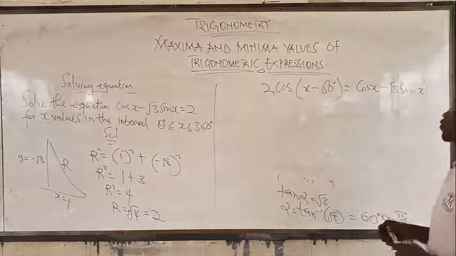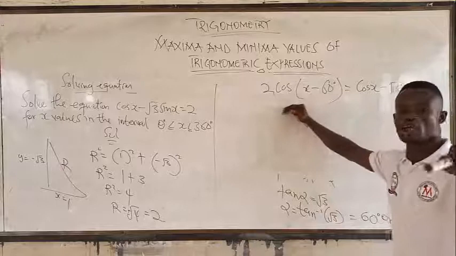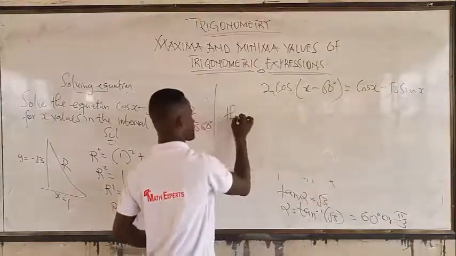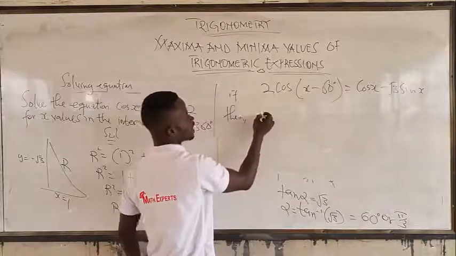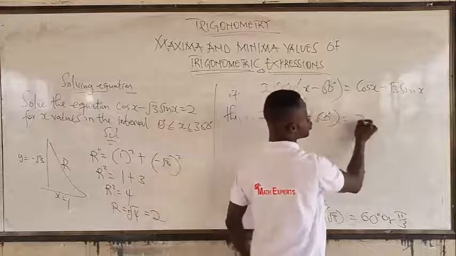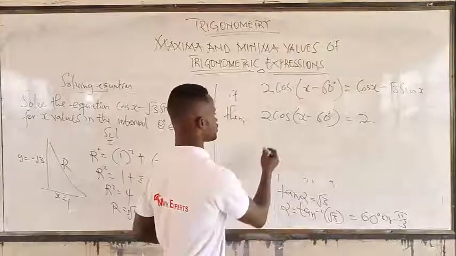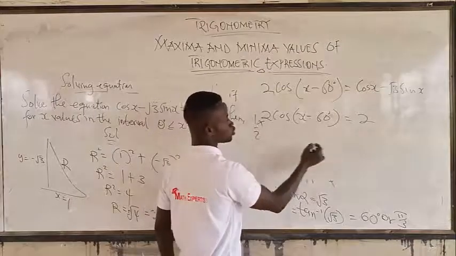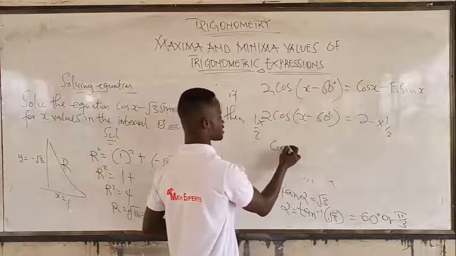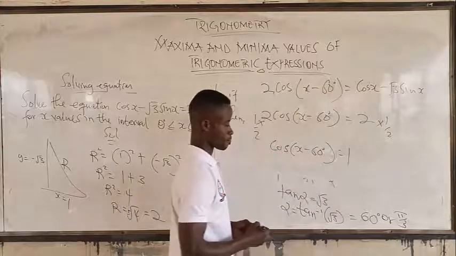So now we are saying that this is the same as this. If this is equal to this, then 2 cos (x minus 60 degrees) will be equal to 2. When you divide both sides by 2, you end up getting cos (x minus 60 degrees) equal to 1.